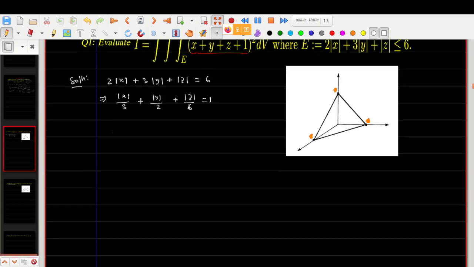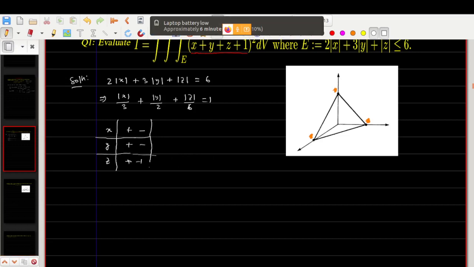What are the possible cases? x can be both negative and positive, y can be both negative and positive, similarly z can also be both negative and positive. So these are the possible cases.